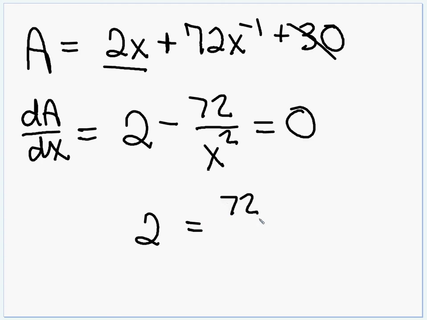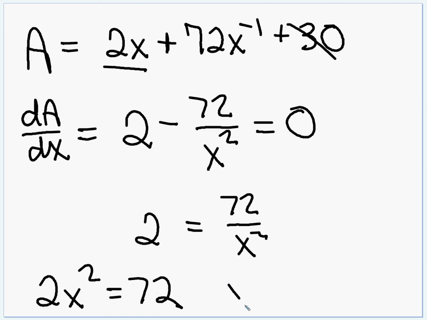So now that's over here and it's positive. Let's multiply both sides by x squared. So now 2x squared is equal to 72. Divide by 2, x squared equals 36. And if we take the root of that, we get plus or minus 6. But again, the negative 6 will make no sense in the context of this applied problem. So we just found x is equal to 6.